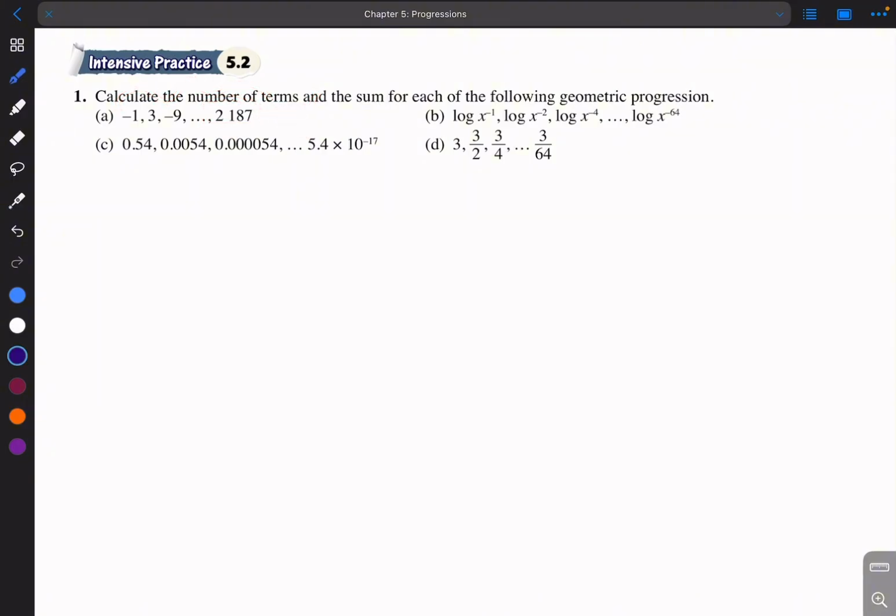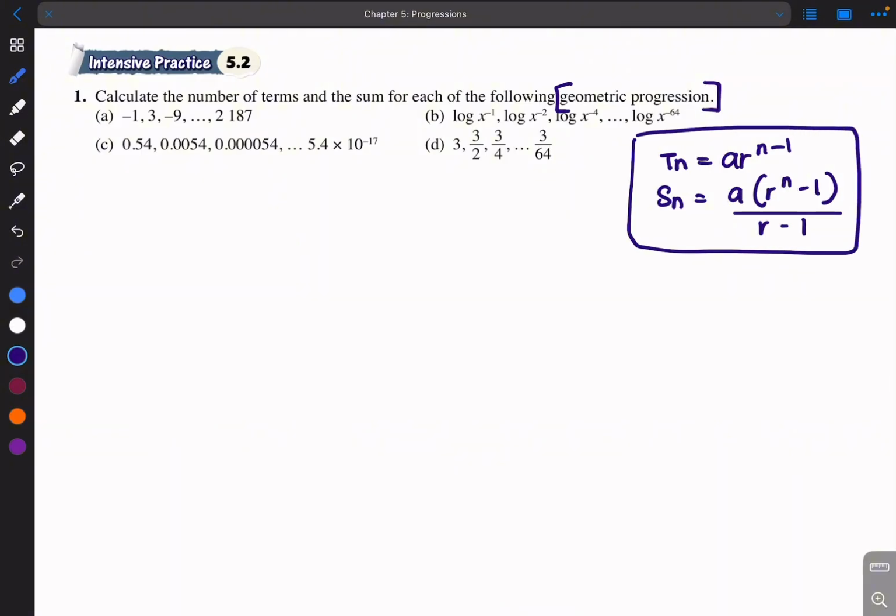Okay, so since this is a geometric progression, we use the geometric progression formula. So for geometric progression, Tn is ar^(n-1). Sn will be a(r^n - 1) over r - 1. This will be our formula.